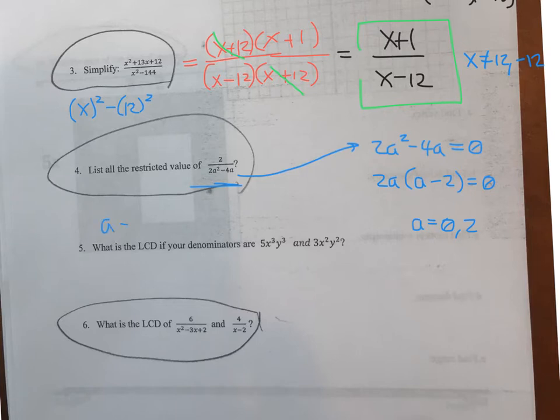I would actually mention the restricted values, because you don't want your teacher thinking that you think a equals 0 and 2. These are the restricted values. In fact, this is not even an equation, so we couldn't say that anyway.